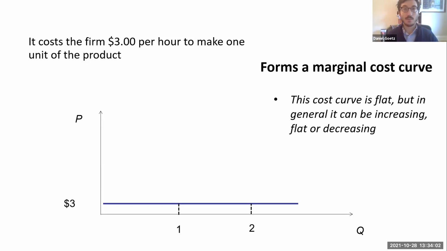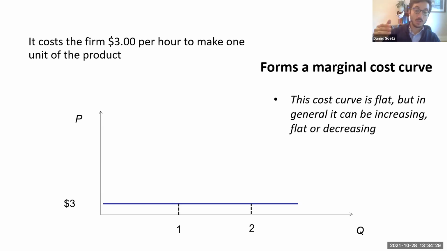Remember from Eco 100, the marginal cost curve is how much does it cost to make the next, an additional unit, right? And here in this course, we're always just going to assume a flat marginal cost curve. In general, it can be increasing, reflecting that it's costing me more and more to make more and more products.